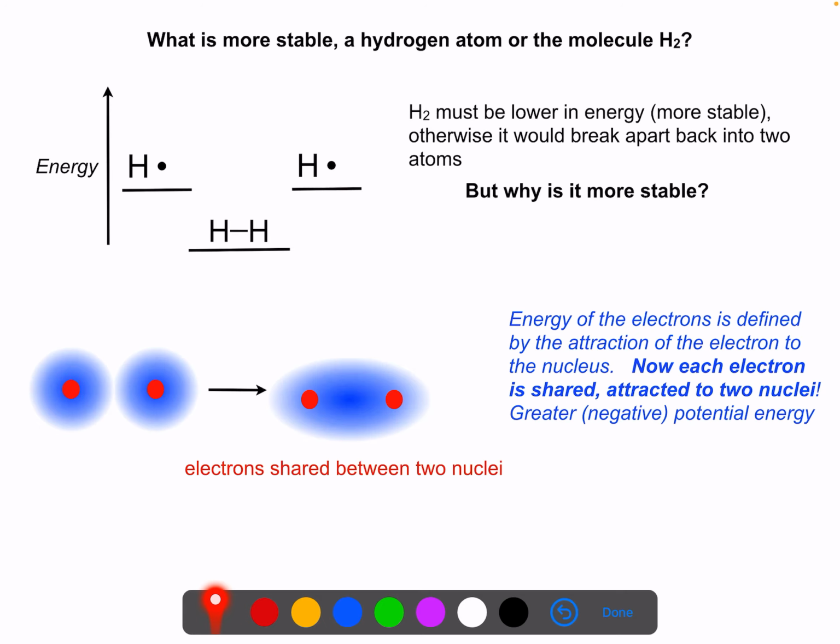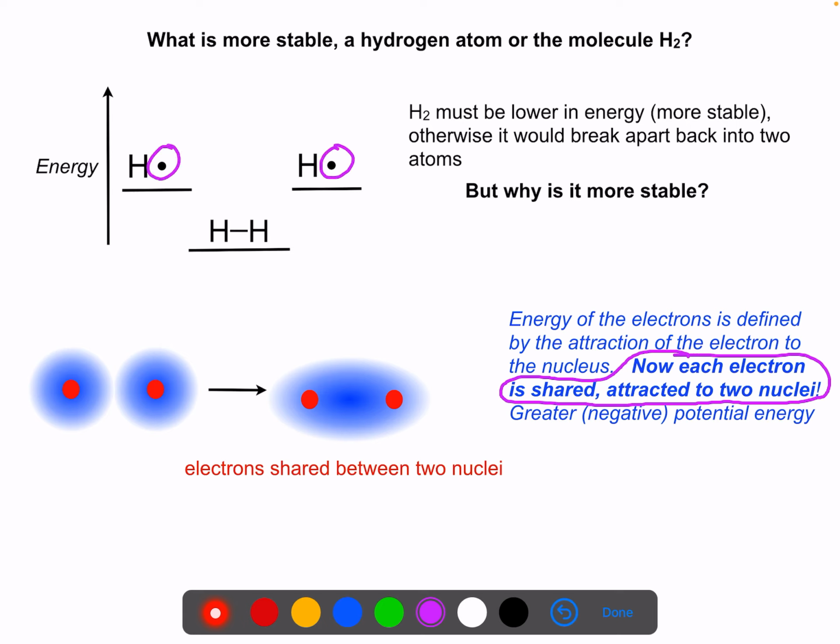Why did we get more stable? Why is energy released when we form that? Because we're forming another force of attraction. Each electron, which was associated with a single atom, is now associated with two nuclei. So we're forming forces of attraction, which is inherently a stable event.